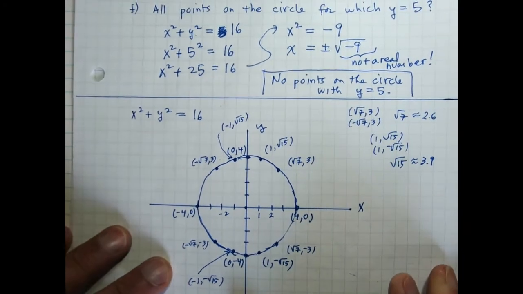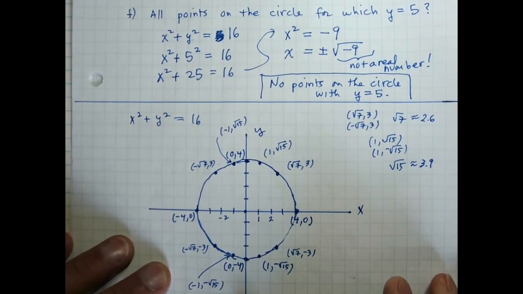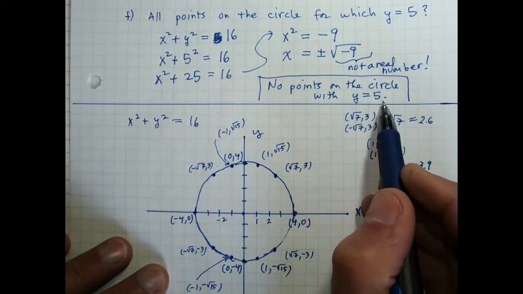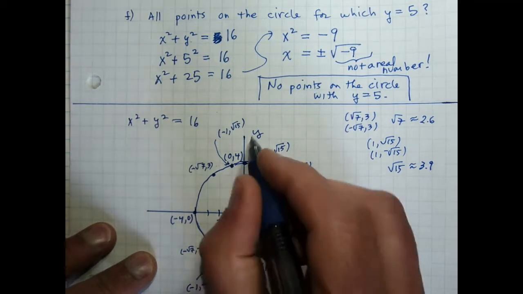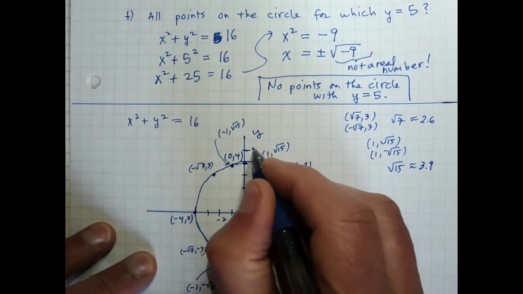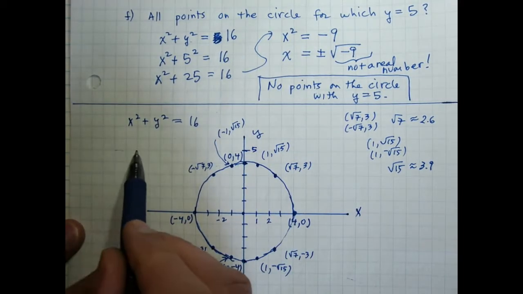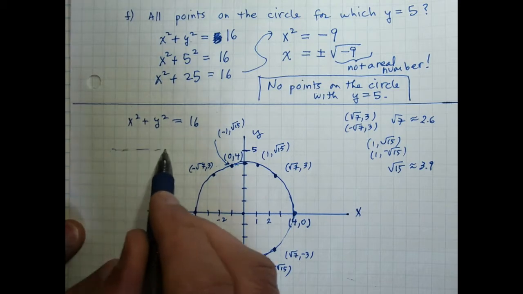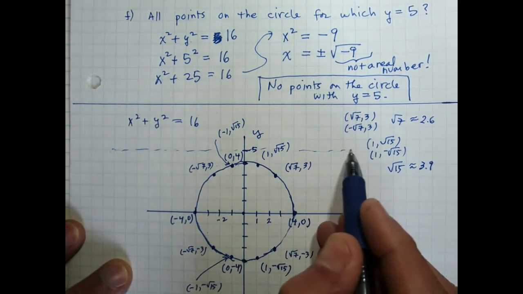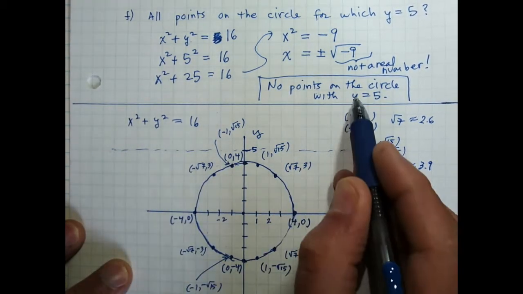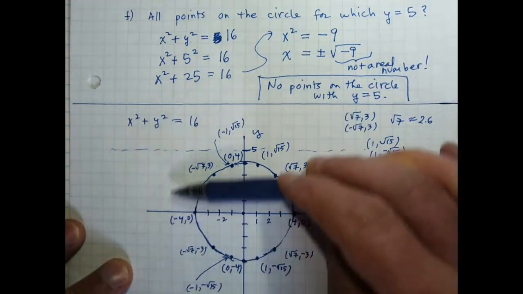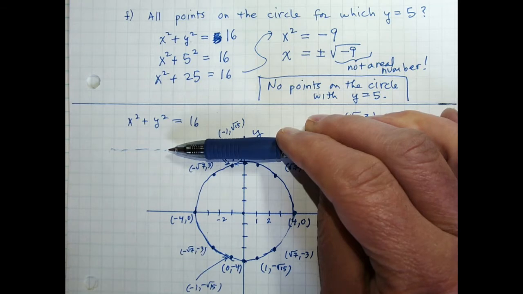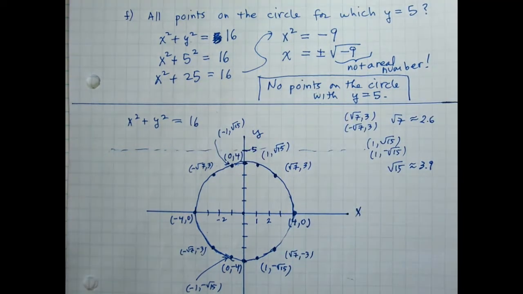And part F, where we wanted to find points on the graph with y coordinate 5, well, y is equal to 5 way up here. Y coordinates of 5 go across this horizontal line. Well, of course there are no points on the circle with y equals 5 because we've gone beyond the radius of that circle.